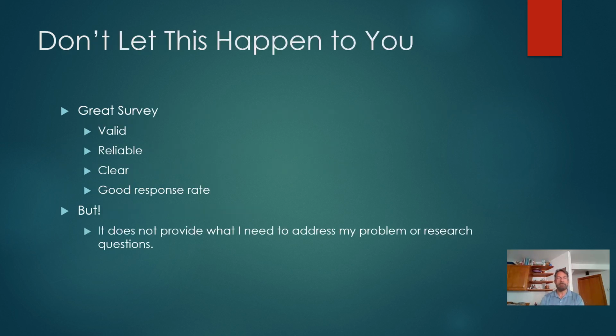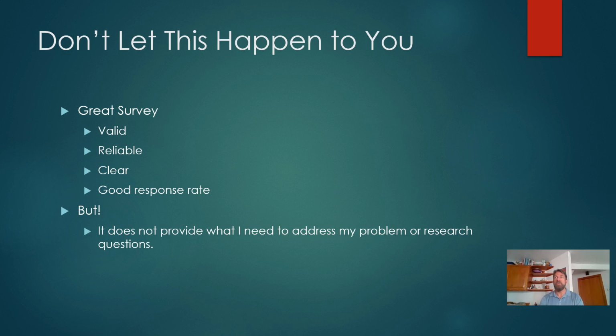Okay, last caution. Don't let this happen to you. I saw a dissertation one time that had a great survey. It was valid. It was reliable. It was clear. And it had a good response rate. Everything you'd ever want in a quantitative study that uses a survey.